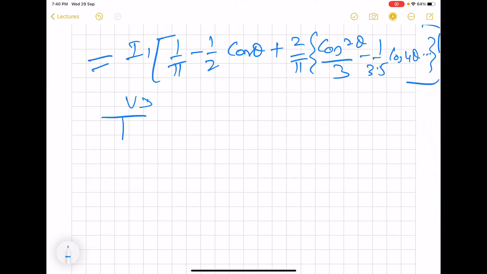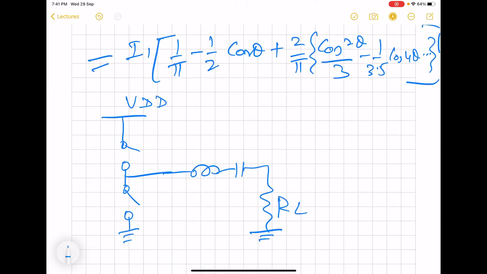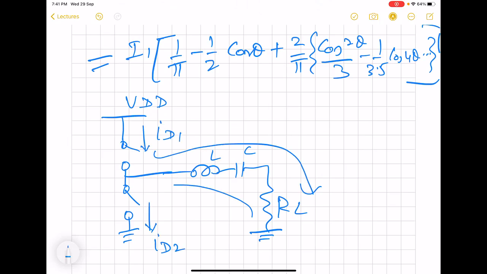So here we have VDD and then we have the MOS, or you can look at it as a switch also; in the MOS version, both are equivalent. Then we have our LC network. This current is ID1 and this current is ID2. ID1 flows in this fashion and ID2 flows in this fashion.